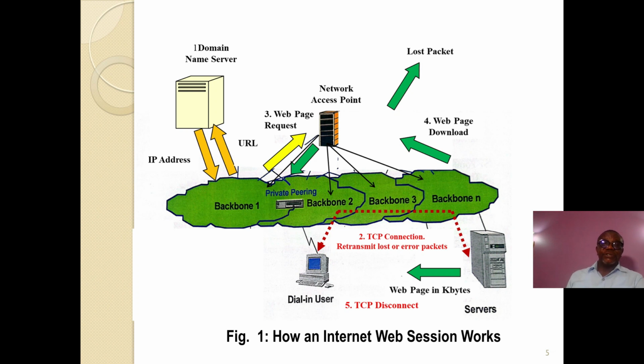Now, look at Fig 1. If you are a dialing user and you dial in, from our diagram, this dialing user is connected to backbone 2. Now, when he sends his URL, you see the arrow going to the domain name server.